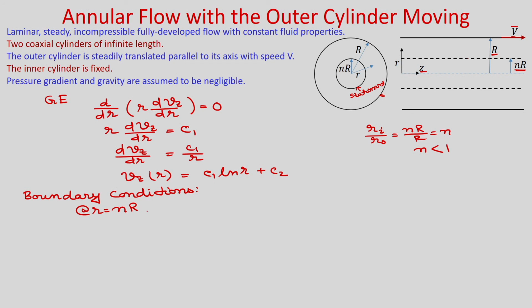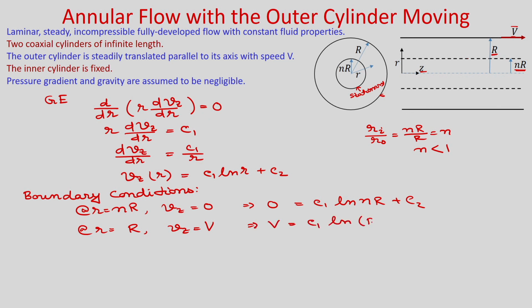At r equal to nR, vz is equal to 0, so 0 is equal to C1 ln nR plus C2, and at r equal to R, the outer cylinder, it is moving with a constant velocity v, so v is equal to C1 ln R plus C2. If you solve for these constants, you get C1 equal to v by ln 1 by n, and C2 as minus v ln nR divided by ln 1 by n.